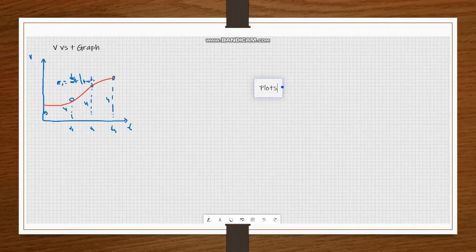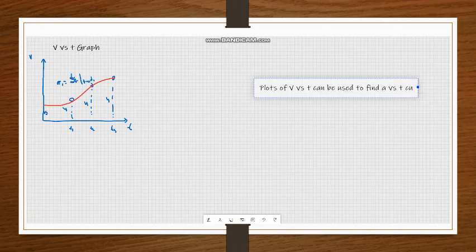Let's write it again. Plots of the velocity versus time graph can be used to find acceleration versus time curves.